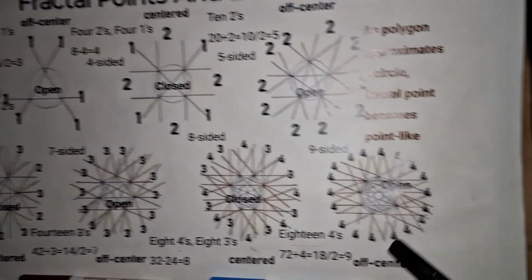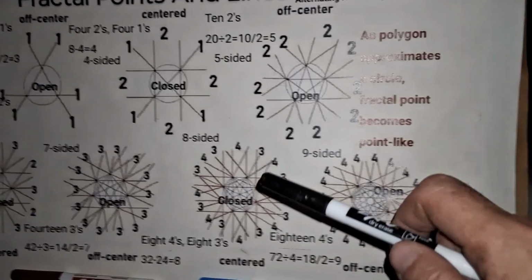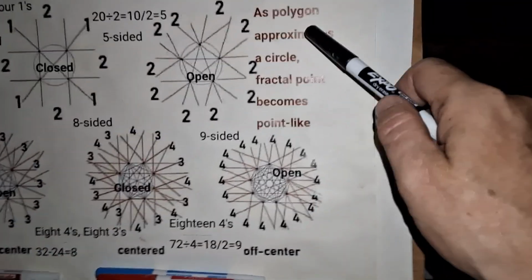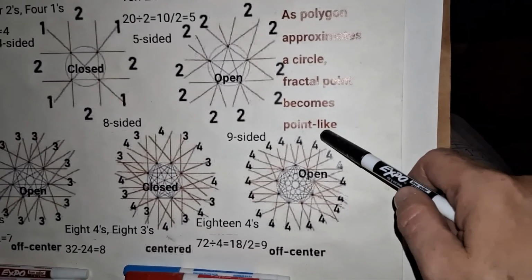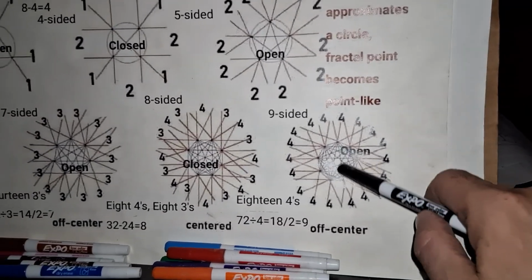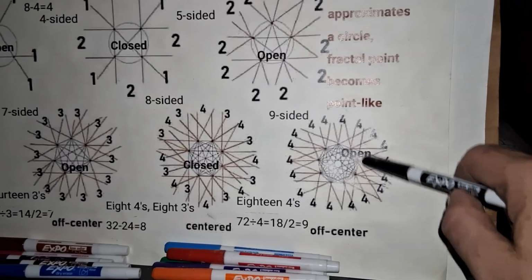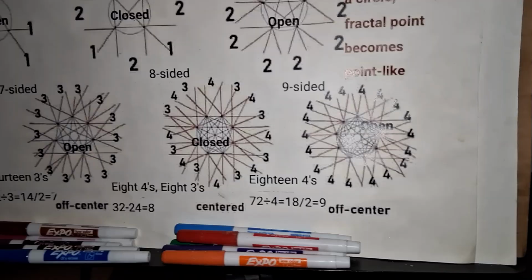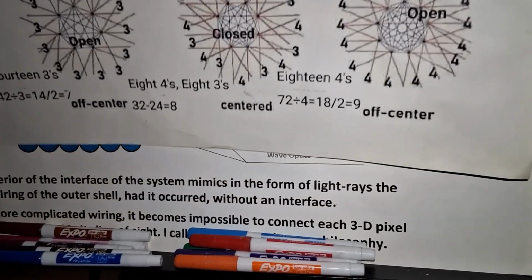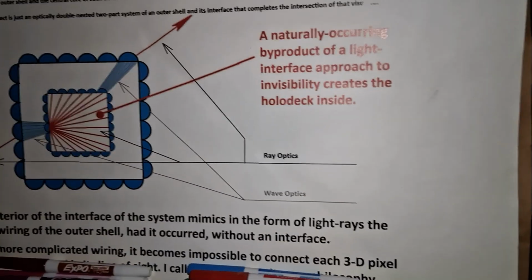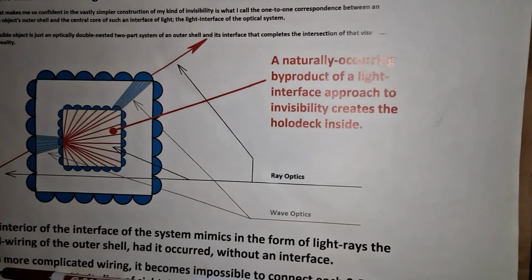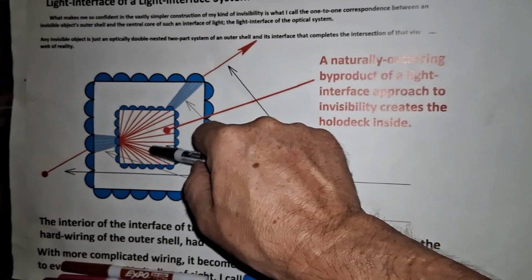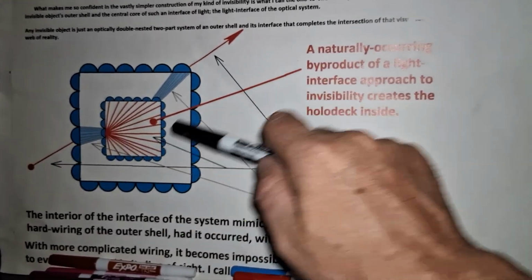Now this works fine in 2 dimensions, and it holds up as these polygons approximate a circle, becoming a circle as more sides are added onto the polygons. And that's the type of math that I discovered with these, and these are just more examples of these 2D flat plane intersections of lines of light or something.